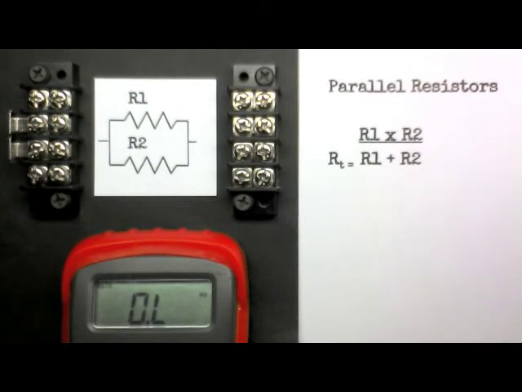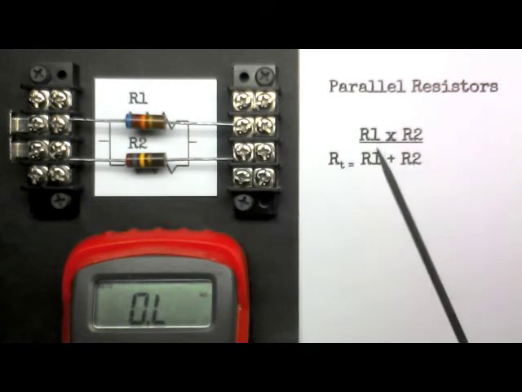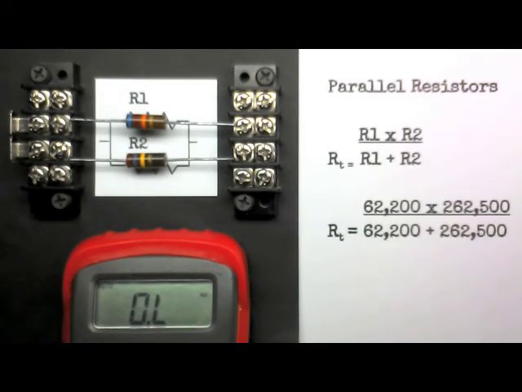Let's put those same two resistors back in. And we know their values, so we'll take their values and plug them into this equation. We have the product of R1 and R2 divided by the sum of R1 and R2.